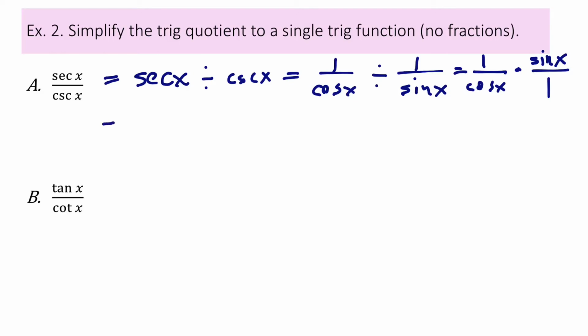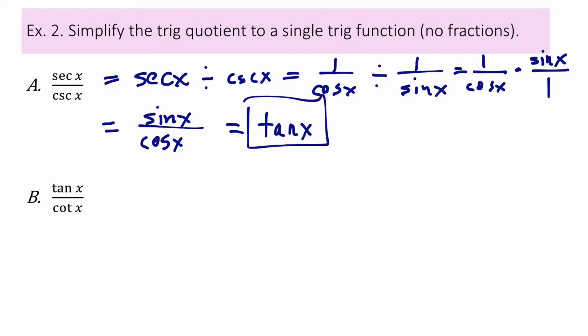So in the numerator, we'll have 1 times the sine of x, which is the sine of x, and 1 times the cosine of x in the denominator, which is the cosine of x. So we know that is the tangent of x. So this would be our simplified form, a single trig function, no fractions.